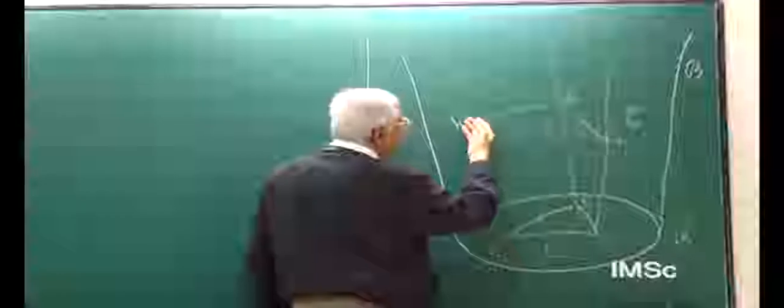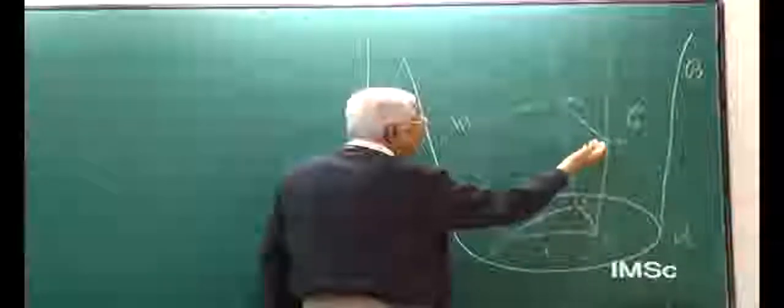And then you draw lifts of these three geodesics at the level of the vectors. Script C12 running from psi 1 to psi 2, script C23 from psi 2 to psi 3, and back, script C31.